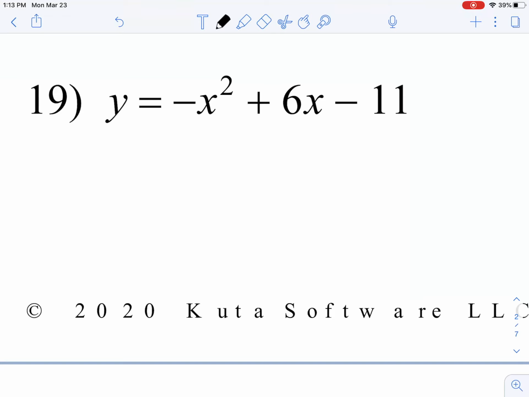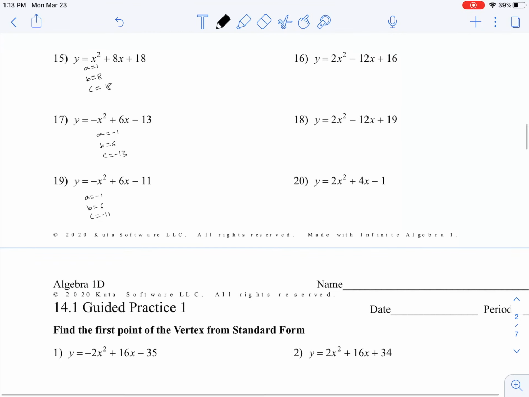And for our last one, A is -1, B is +6, C is -11.